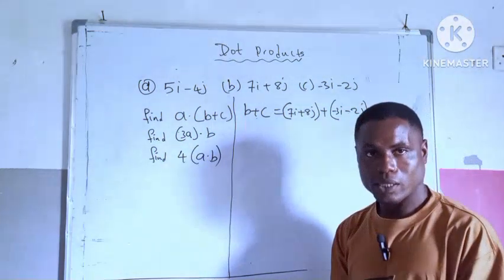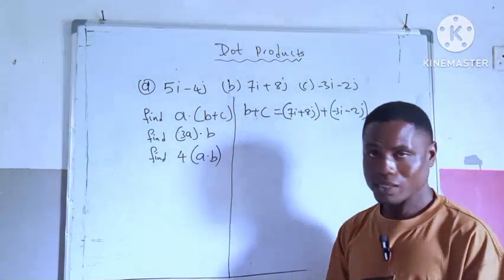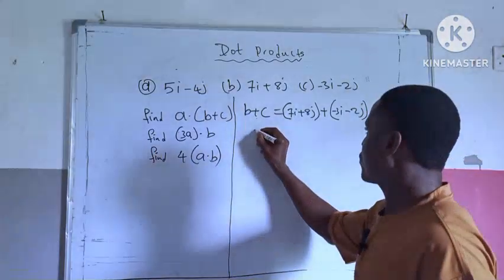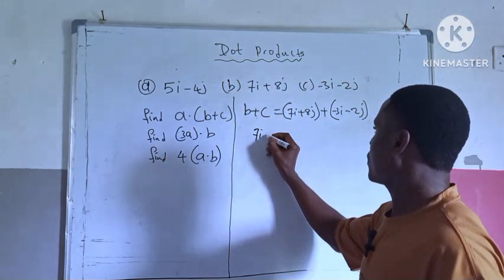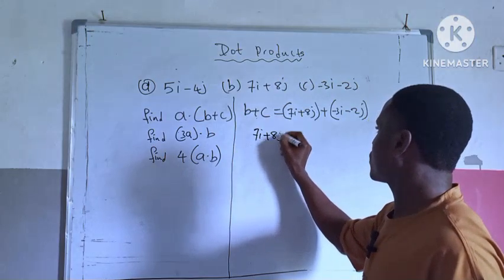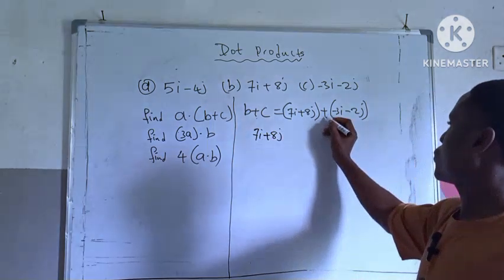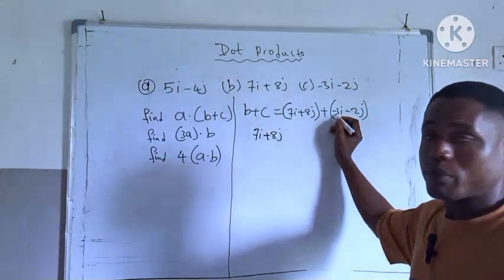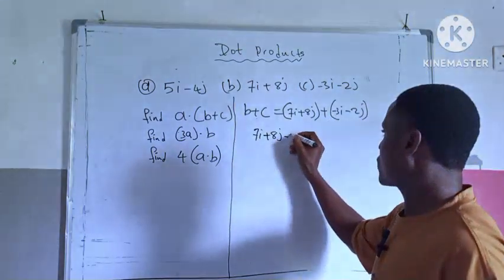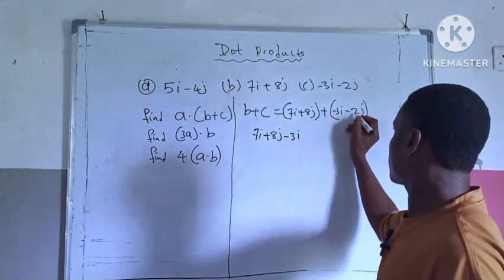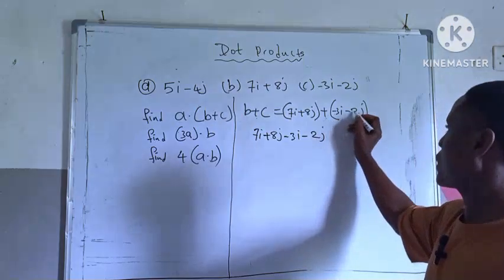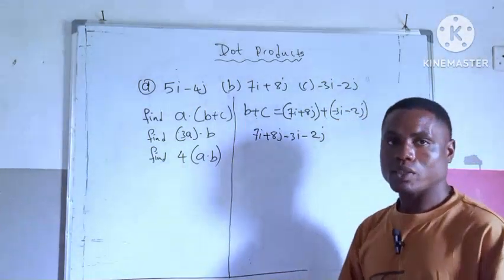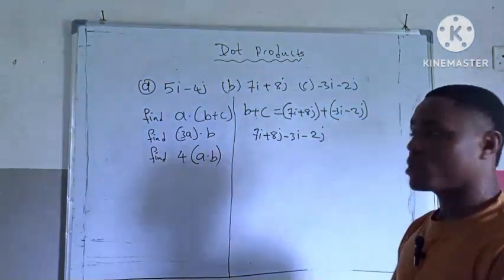So what are we doing next? Open bracket: we have 7i plus 8j, then plus times minus is still minus, so minus 3i minus 2j, because plus times minus is minus.